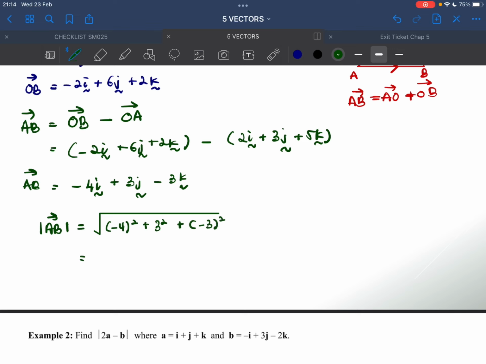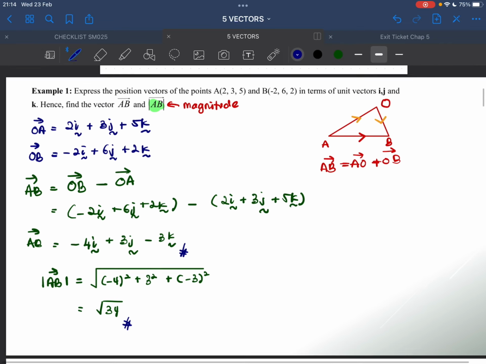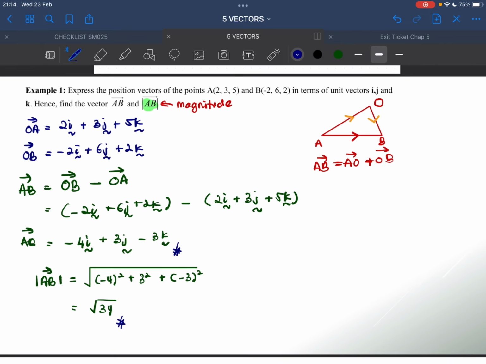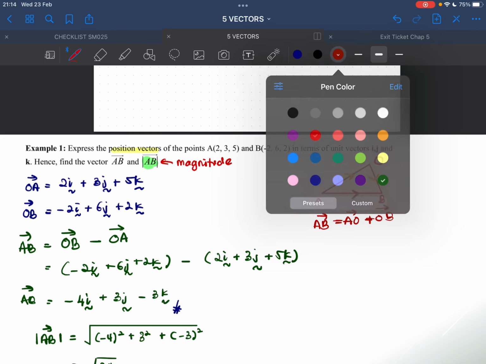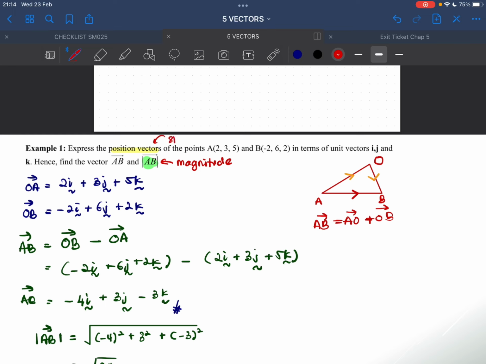So the answer here is square root 34. So we have the direction vector, we have the magnitude. Okay, so very, very basic question for vectors. Just remember, your position vectors are vectors that start from the origin.